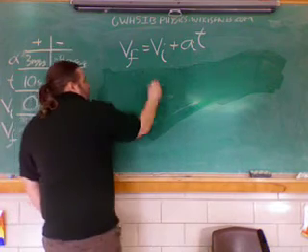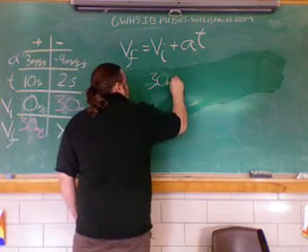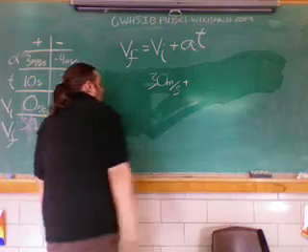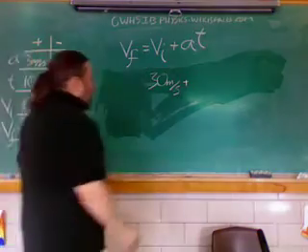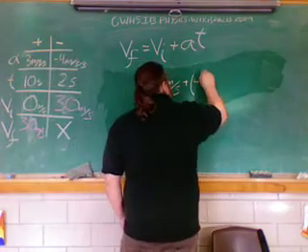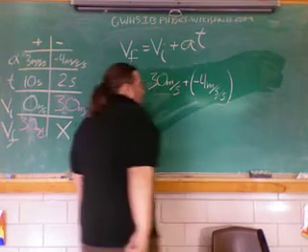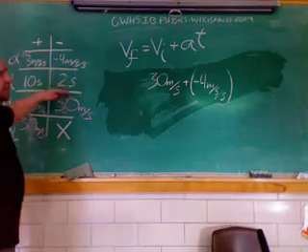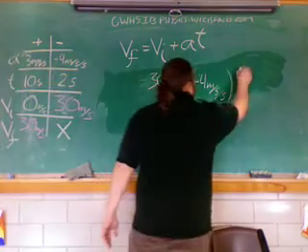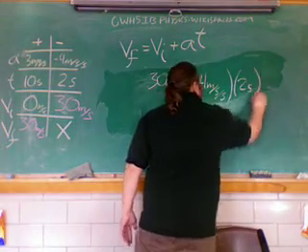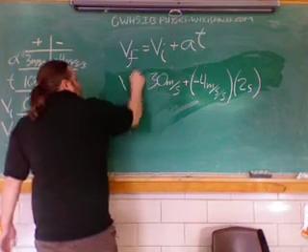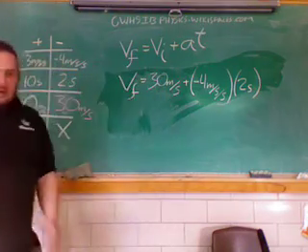Okay, so the initial velocity is 30 meters per second. The acceleration is -4 meters per second squared. The amount of time in which it experiences that acceleration is 2 seconds. What is my final velocity?